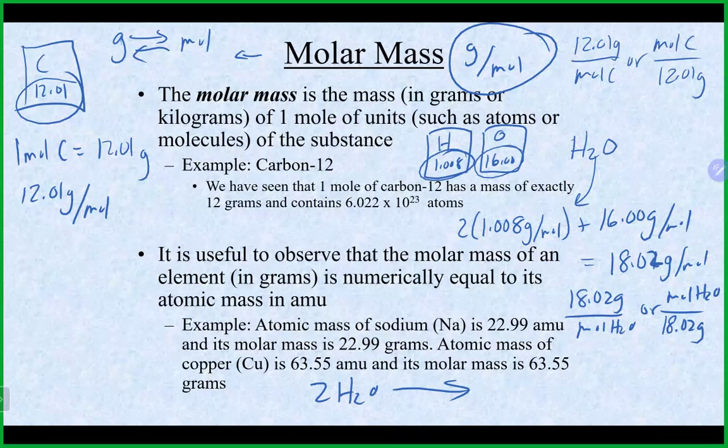When you calculate the molar mass, regardless if there happens to be a number in front of it, say in an equation, you should never calculate the molar mass based on any other number other than just the actual formula. So if you just take the formula by itself, that is always how you should calculate the molar mass.